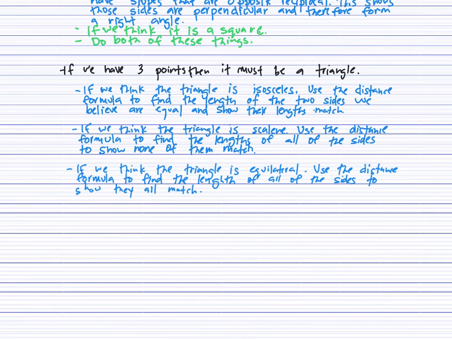So basically the exact opposite of scalene. Scalene, I find them all to show that none match. Equilateral, I find them all to show that they all match.